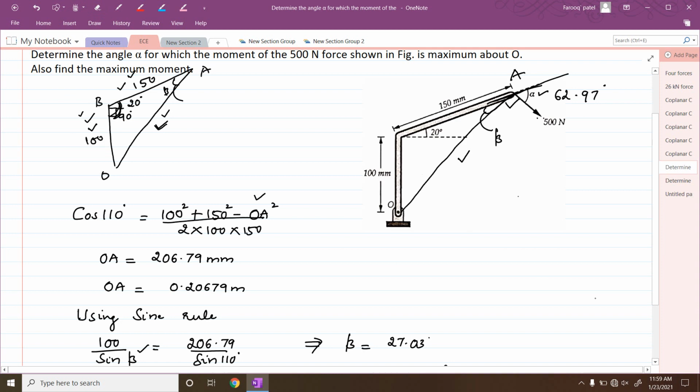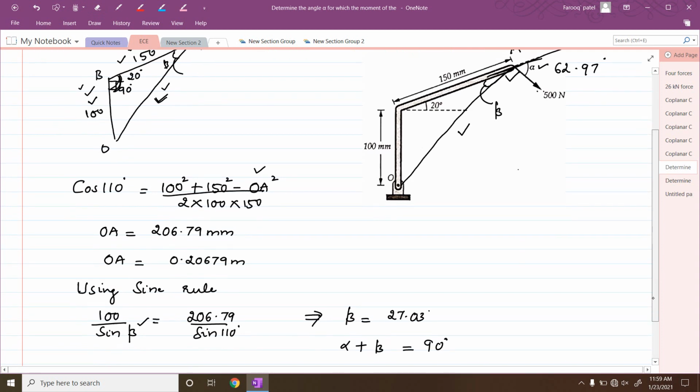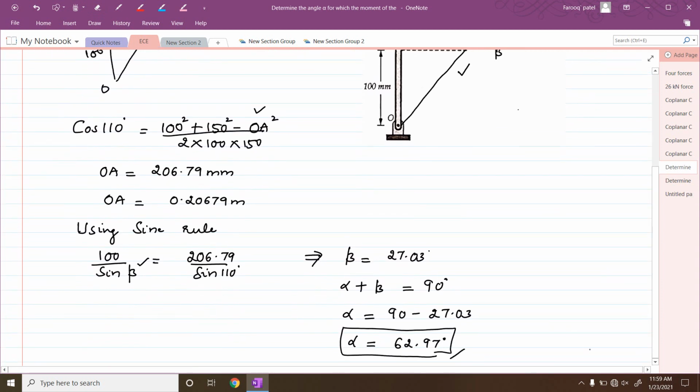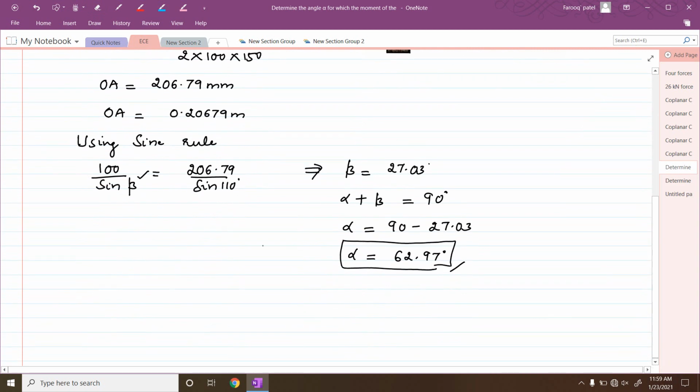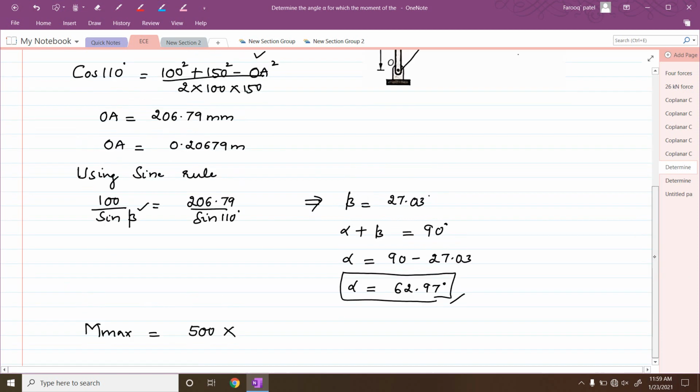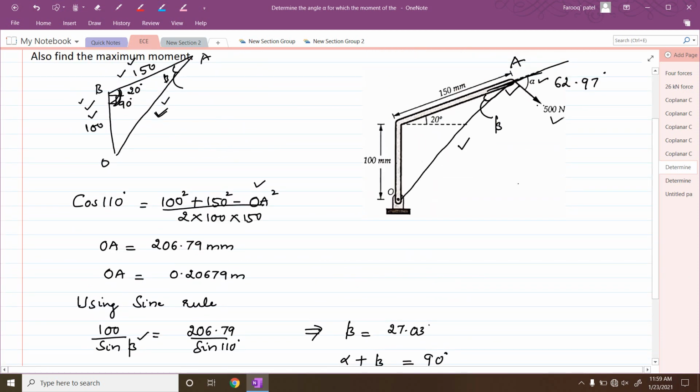So what will be the maximum moment? Force into perpendicular distance. So M max, that is the maximum moment, will be equal to force into distance. Force is how much? 500 newtons, multiplied by distance. The distance is from here till here, that is nothing but the OA distance.